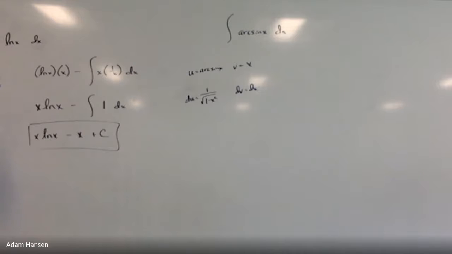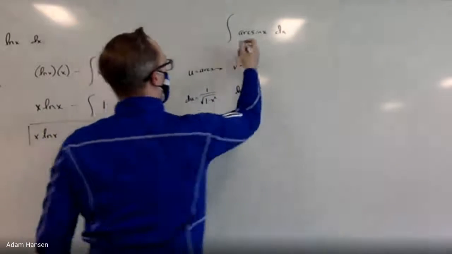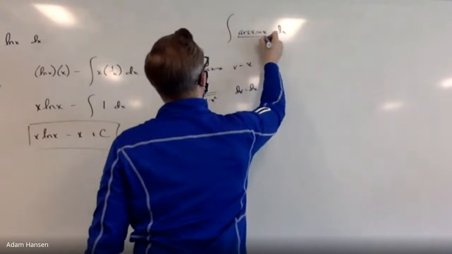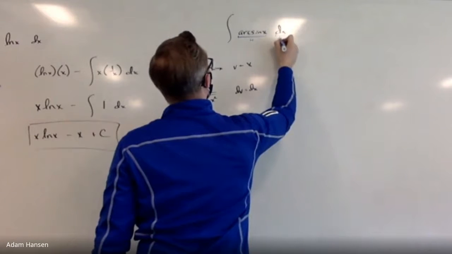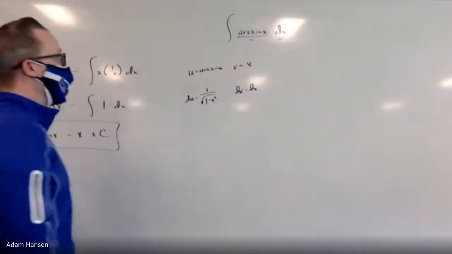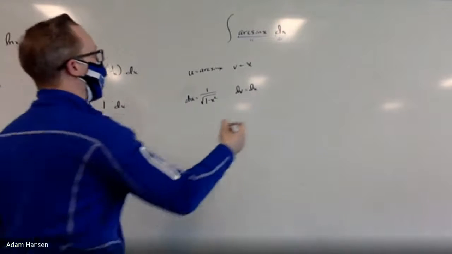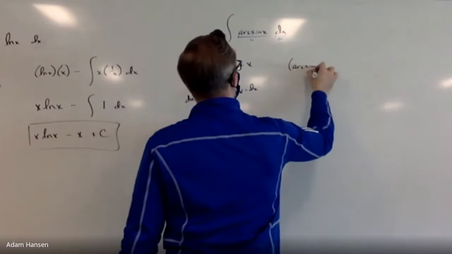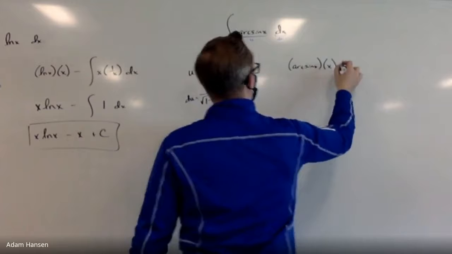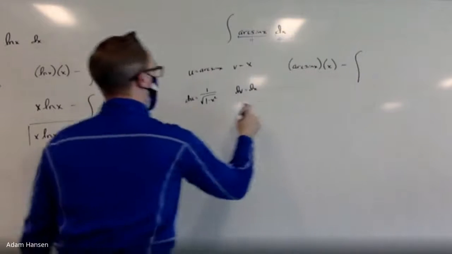All right, let's put some of this together here. The antiderivative of u dv, what I assigned for arc sine x, and dx, is equal to u times v, so arc sine x times x, minus the antiderivative of v du.